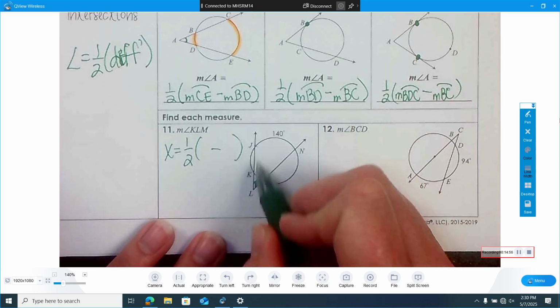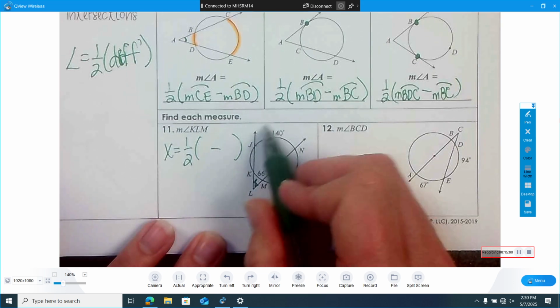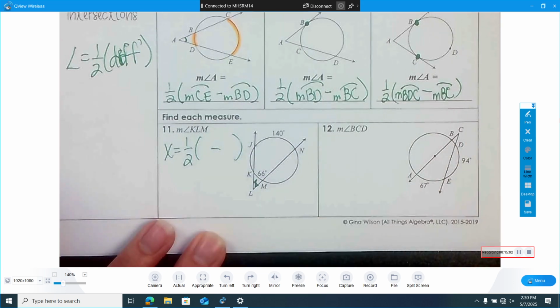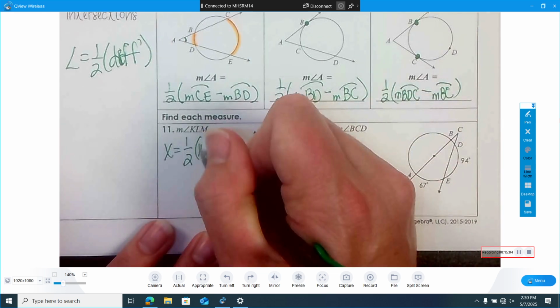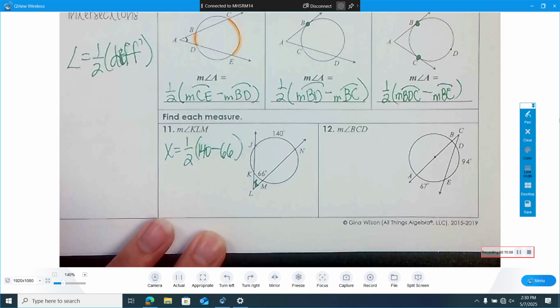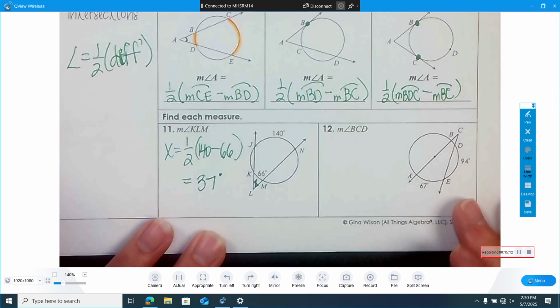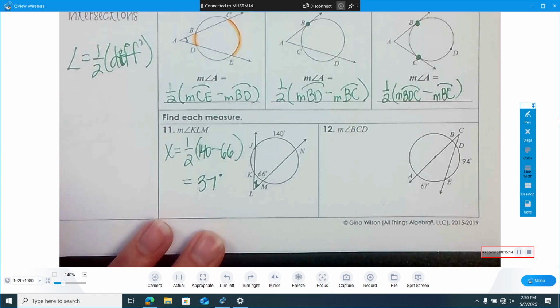We're always going to do the far arc minus the near arc, as in far away from the angle minus the close one, okay? So 140 minus 66. And half of 140 minus 66 is 37 degrees.